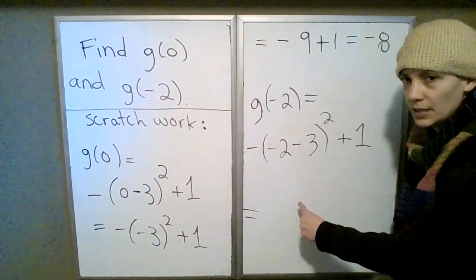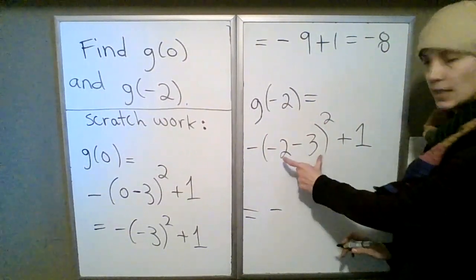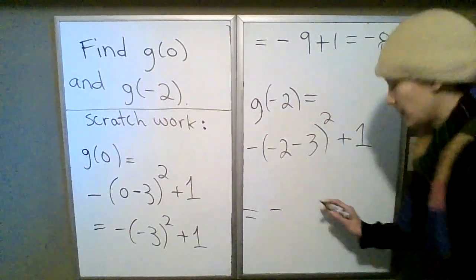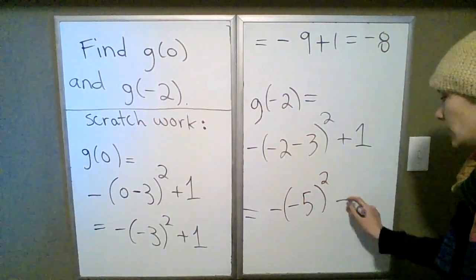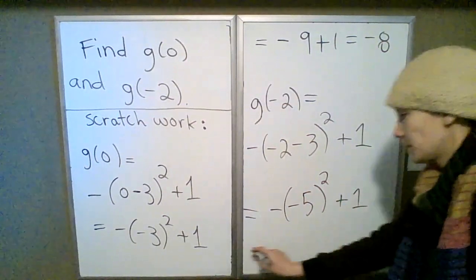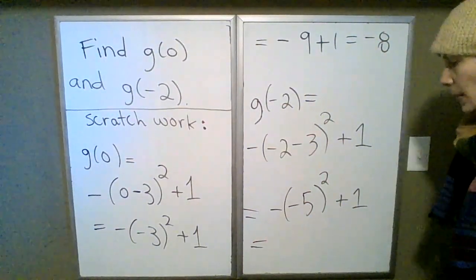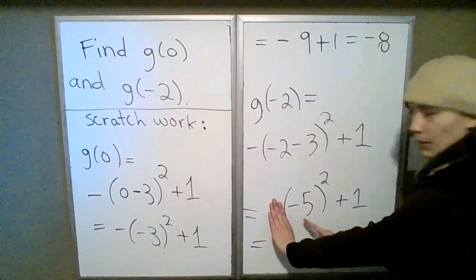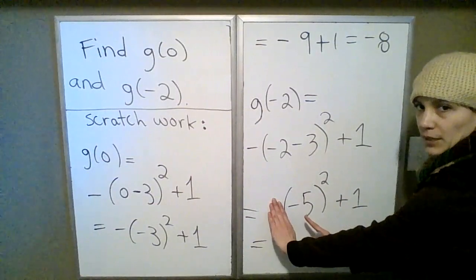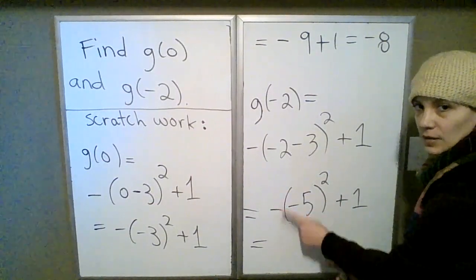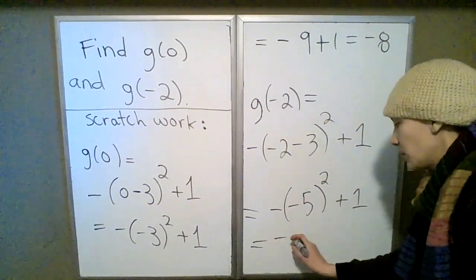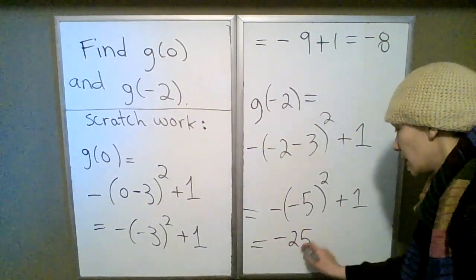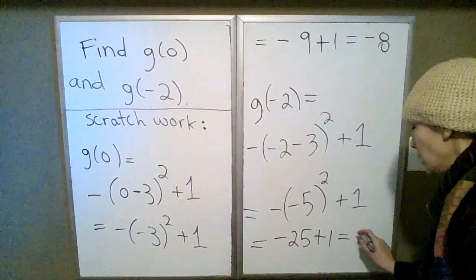Okay, so you've got that negative sign. And then in parentheses is -5. I'm going to square that and add 1. Okay, so this part is 25, but then you have this negative sign right there. It's negative of 25, plus 1 is -24.